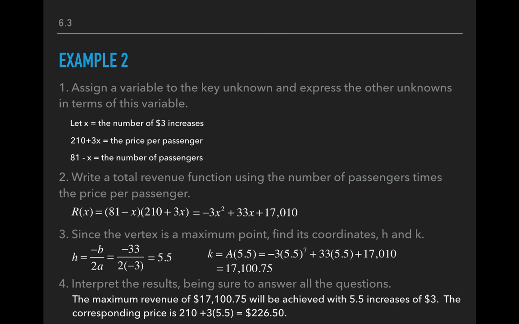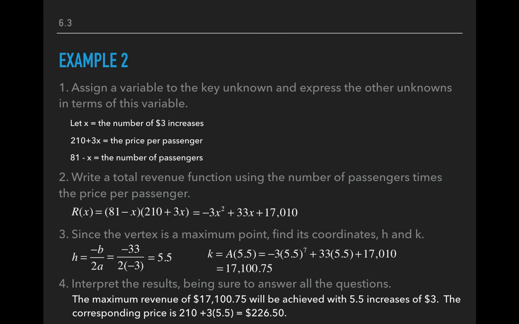So now let's interpret this for our airline company. The maximum revenue will be achieved with 5.5 increases of $3. So not a total, we're looking at 5.5 increases of $3.